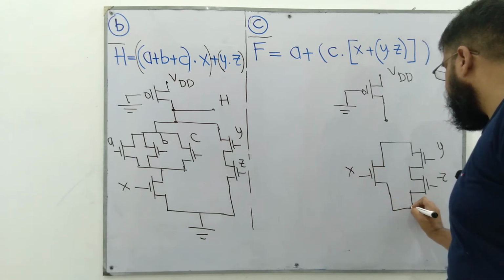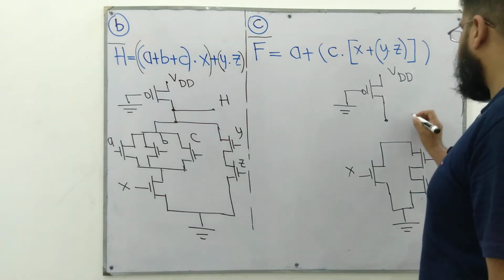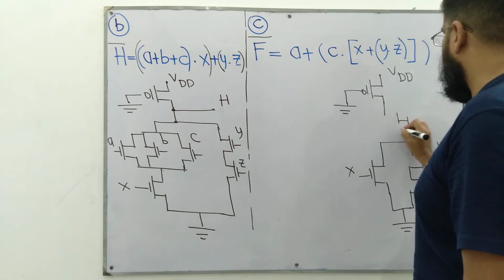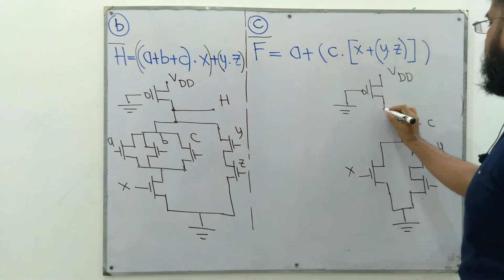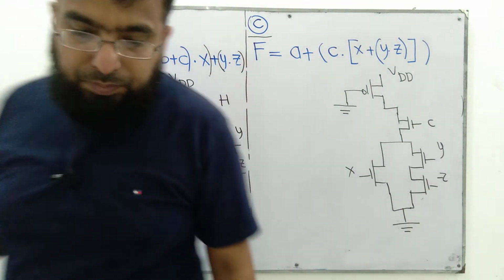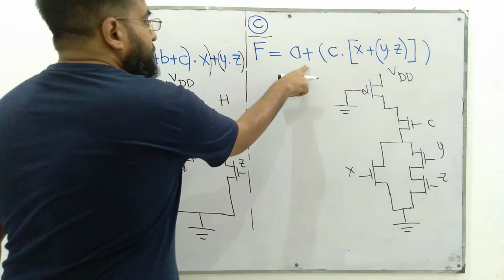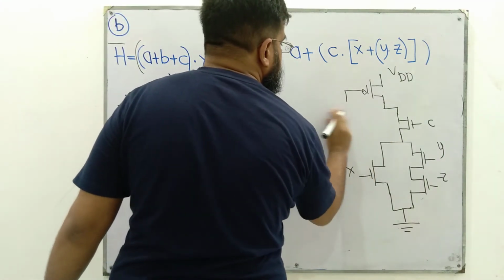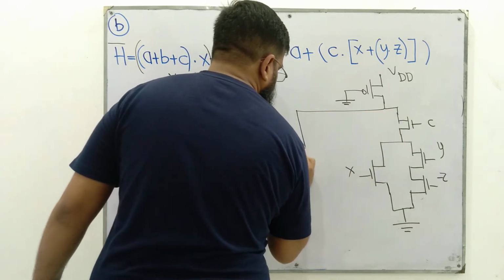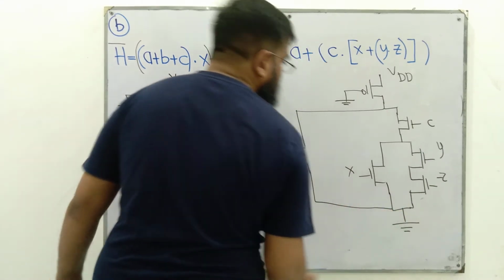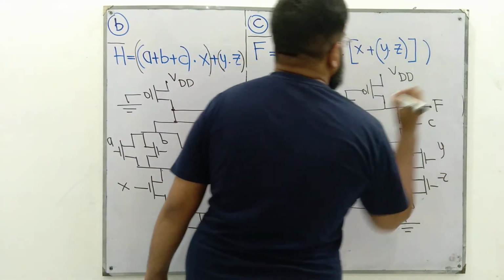This is adding X, an OR operation, and then dot C. Dot C means AND it with C, and then we have this OR A. This whole.